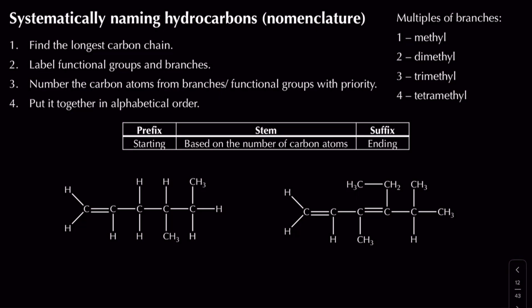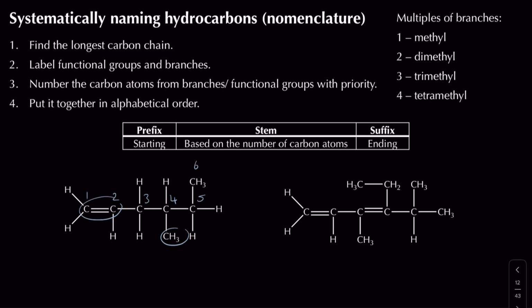We need to find the longest carbon chain. 1, 2, 3, 4, 5, 6 carbon atoms all together. Don't forget that you can go up, down, left, right. You just can't go back on yourself like this. So yeah, we've got 6 carbon atoms there. I've got 1 branch over here, alkene over here. So I've got 1, 2, 3, 4, 5, 6 carbon atoms all together. My stem is going to be hex.